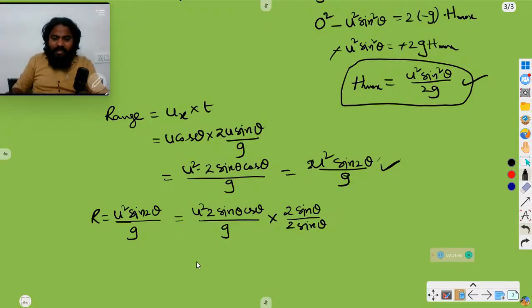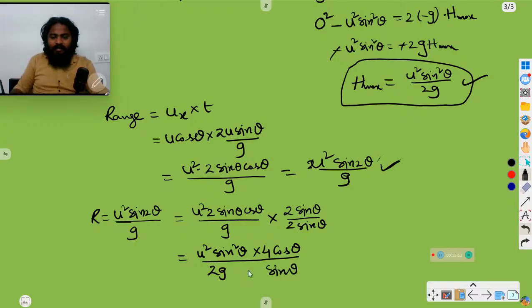So I can write u square sin theta into sin theta, so sin square theta, into 4 cos theta by 2g sin theta.